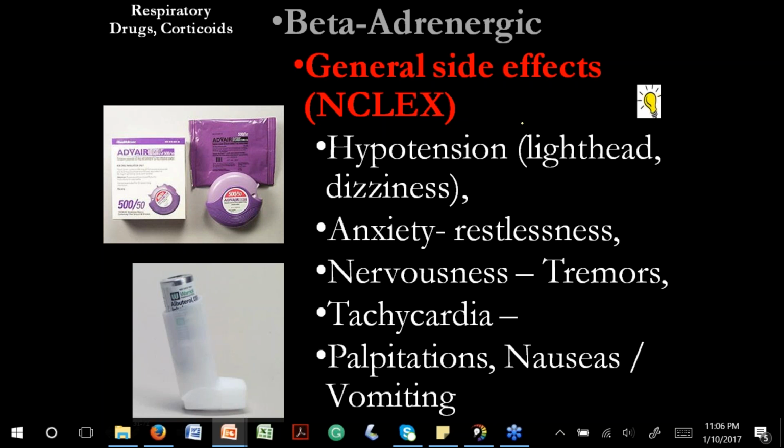We have the golden seal that we already talked about. The echinacea is another over-the-counter herb that is going to boost your immune system. How are we going to assess all these medications, especially when you're talking about anti-inflammatories and bronchodilators?